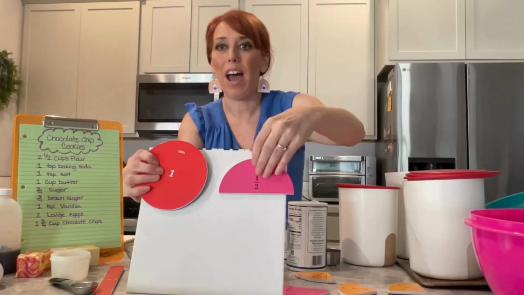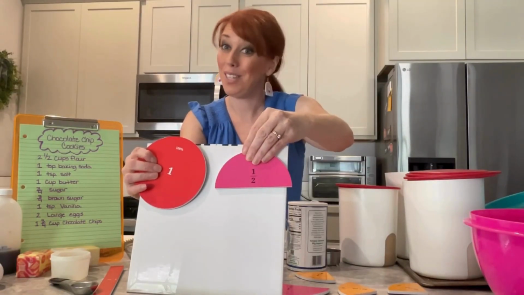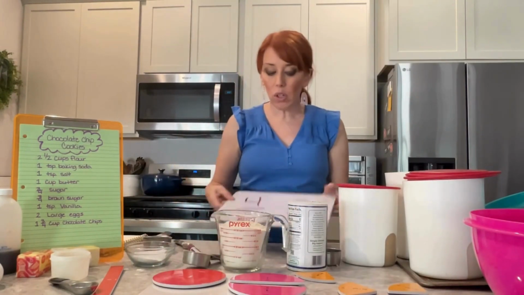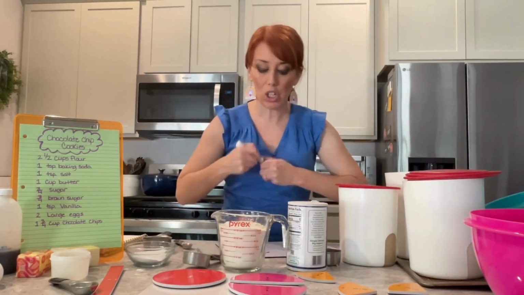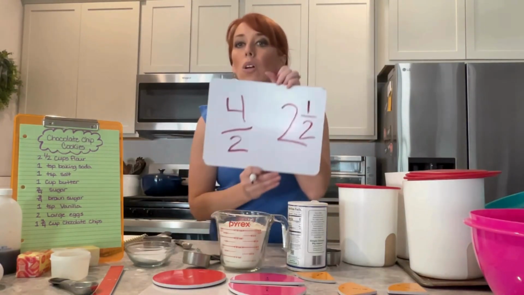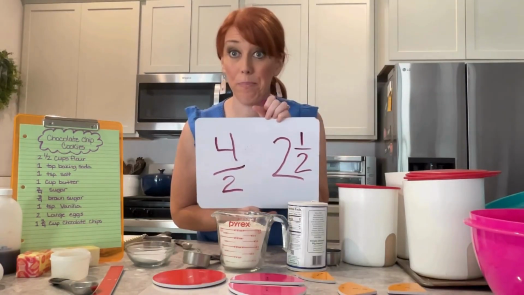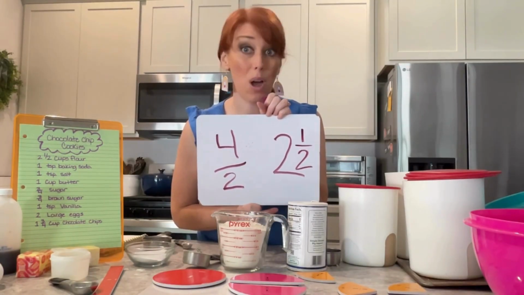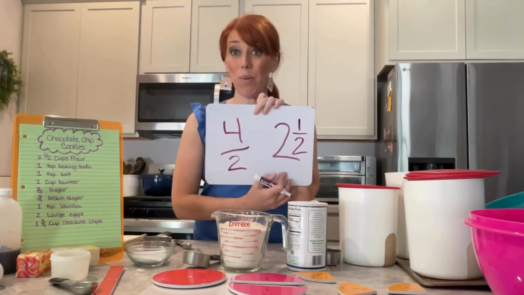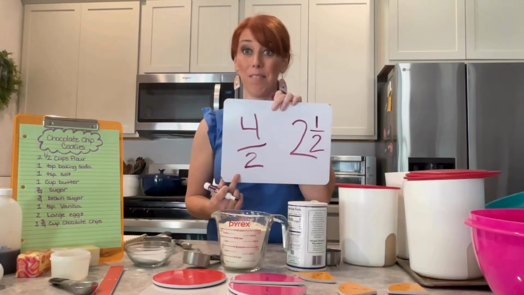I need 1 more half to complete my recipe. It's not a full cup. Okay? So if I look now, if I change this, are those equivalent now? No, they are not. These are now not equivalent because this one has more than this.